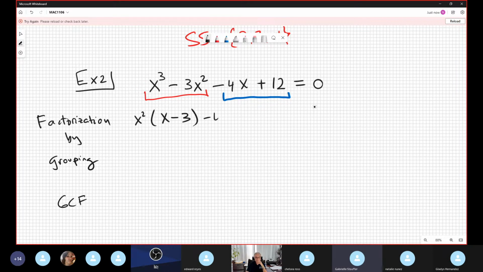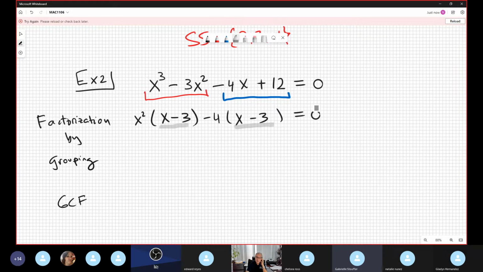I factor out negative 4, and when you put a parenthesis inside, you have x minus 3. Make sense or no? You want to double check? Yes. You multiply negative 4 times x, which is negative 4x, and negative 4 times negative 3 is positive 12. Super good.